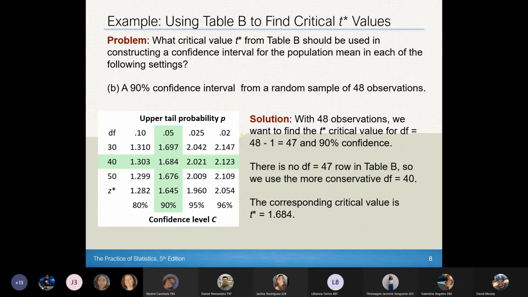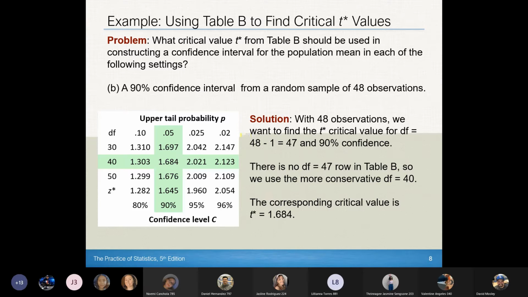So again, we consult table B. But notice there is no degrees of freedom equaling 47 in table B. It's not a typo. It's not like we were just trying to save space and we started counting by tens. It lists every degree of freedom from 1 up to, I think, 30, and then it starts skipping, and the skips become bigger later.